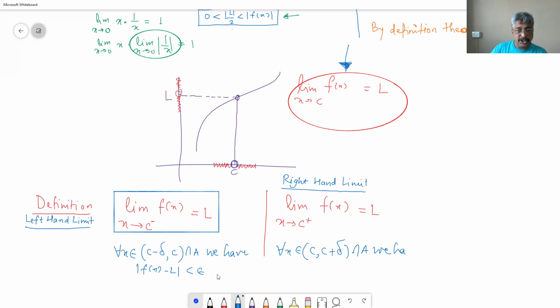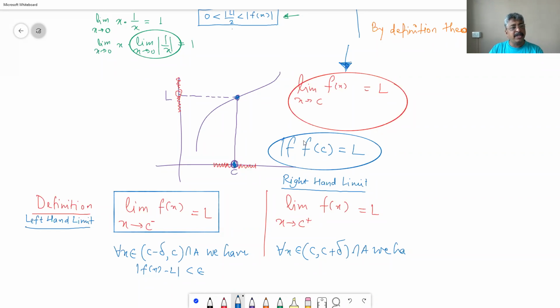So far in these definitions, we are not worried about what happens at C. Suppose C is a part of the domain and C is well behaved, and suppose f of C is equal to L. What better can happen? The value of the function at C is also equal to L. That means there is nothing hollow, everything is filled.